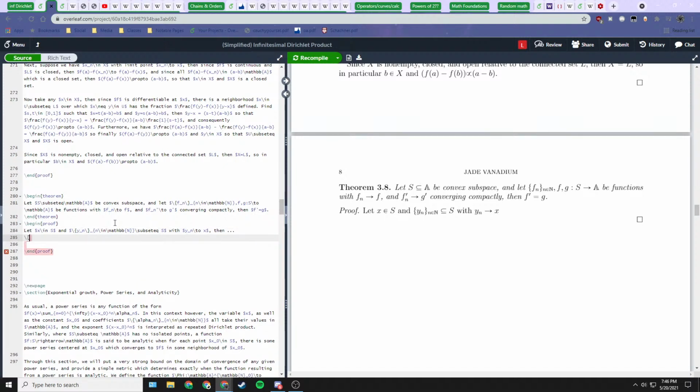But eventually what we're going to set up to is we want to say these derivatives, f sub n of y sub m minus f sub n of x, over y sub m minus x, will go to f sub n prime at x, and this goes to g compactly.